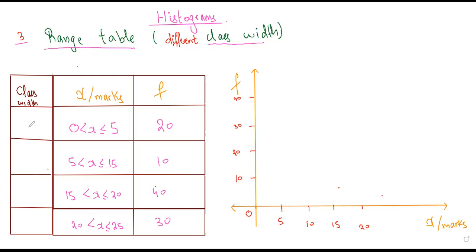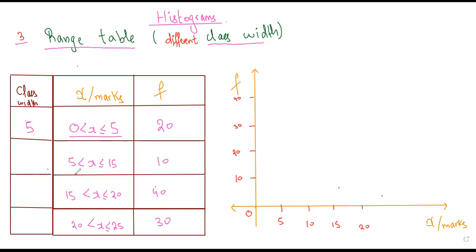Okay, Turhan, what would be the class width for the first class for this one? Ma'am, I can't hear you. What would be the class width for the first class? Yes, Turhan? The first one would be 5. Okay. Saneem, can you hear me properly?